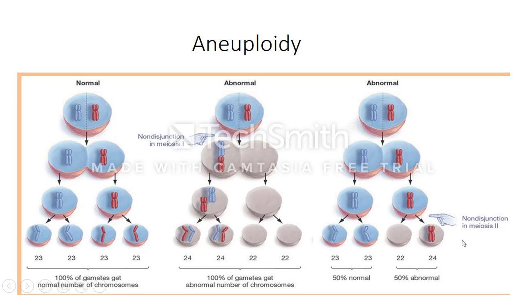Now in the case where you do get extra information, so here, in this case here, and in this case here, where you end up with a trisomy, gene dosage is actually a big factor in survival. So in the case that you are capable of living with trisomy, this genetic information can code for proteins that function as complexes.